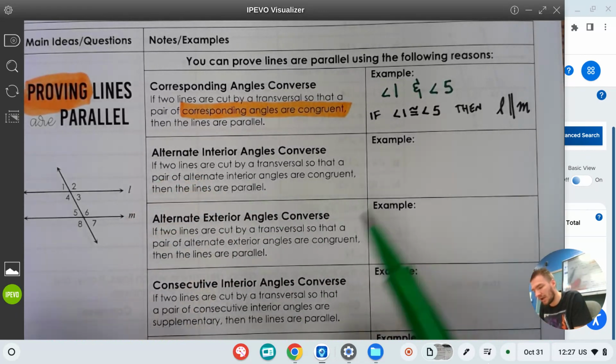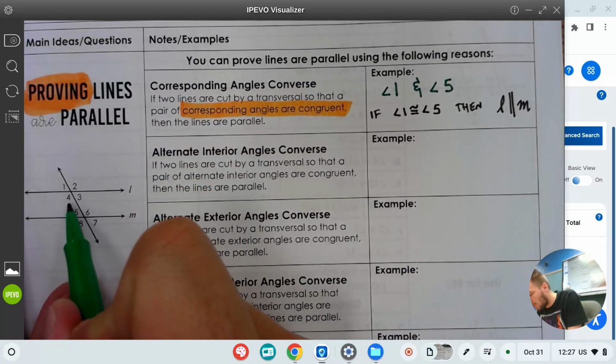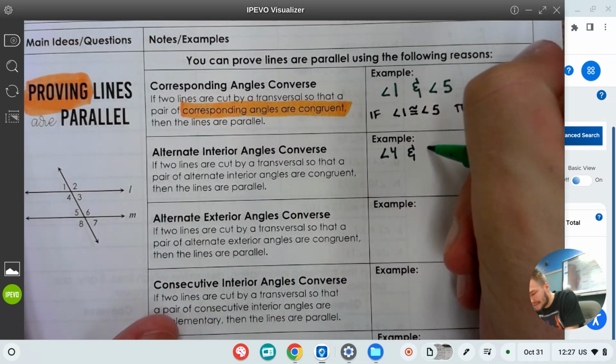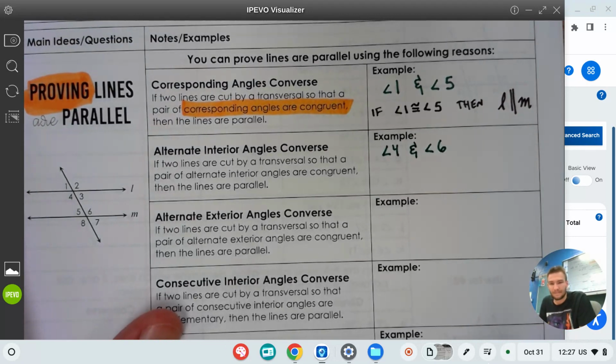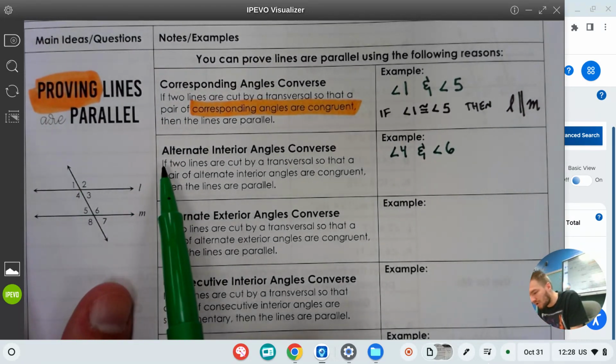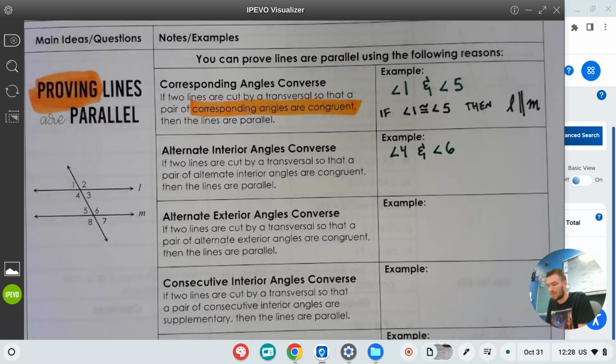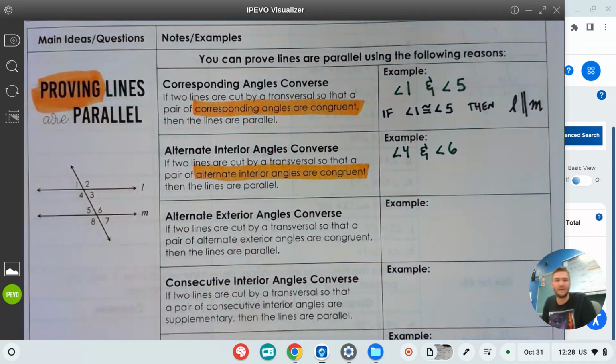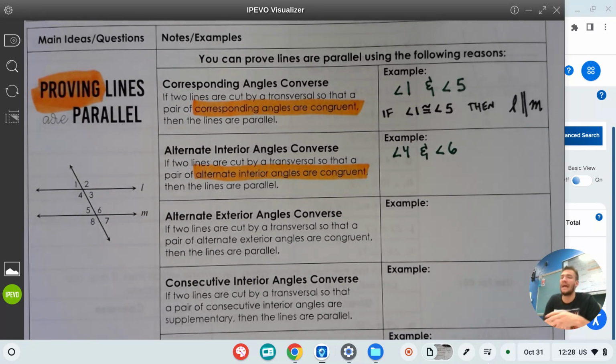Alternate interior, so I'll help you out. I will pick 4 and 6. When it comes to alternate interior, we know that alternate interior angles are congruent. We've always known that, okay? The way it's normally set up is the question starts with, hey, these lines are parallel, and then we say they're congruent.